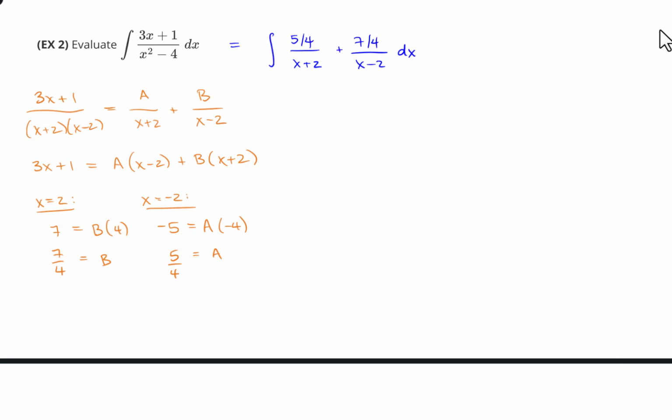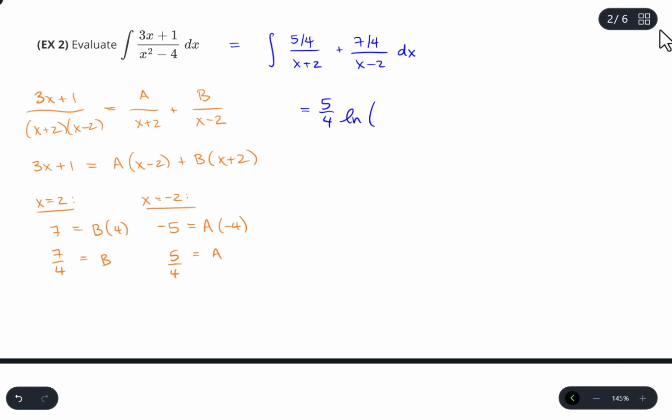It's just off by a multiplier. The derivative of the denominator is just 1, so we really can just take these constants out of the numerator and write 5/4 times the natural log of absolute x plus 2 plus 7/4 times the natural log of absolute x minus 2. And that'll do it.